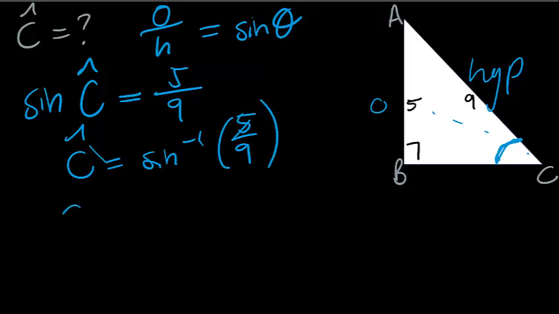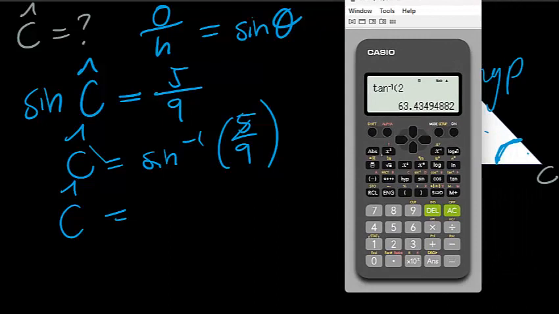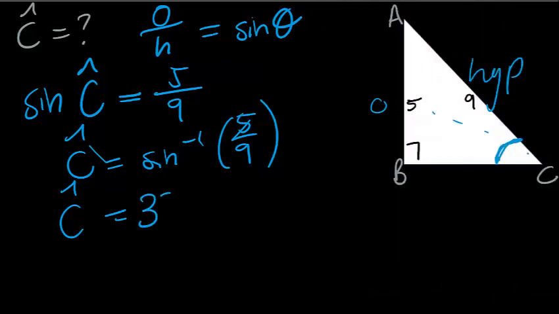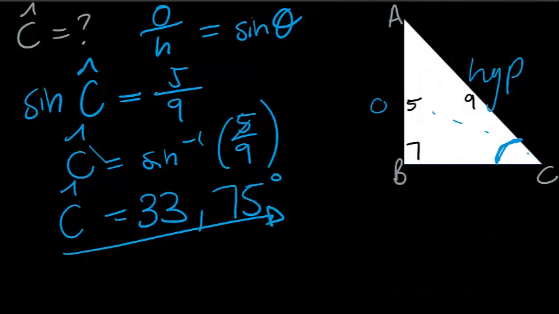So angle C is equal to shift sine 5 over 9, which is 33.75 to 2 decimal places. 33.75 degrees to 2 decimal places.